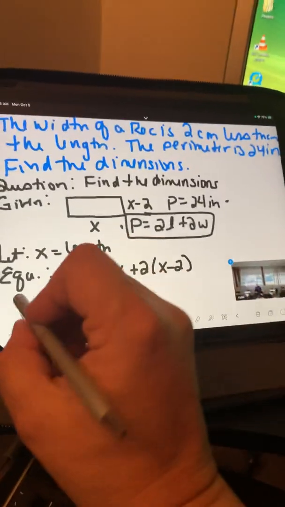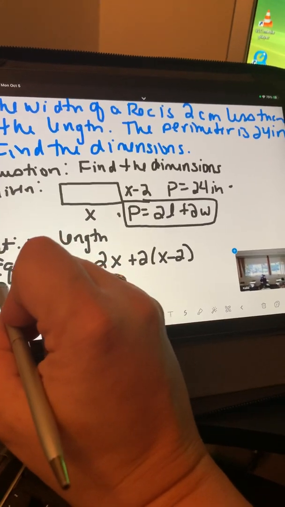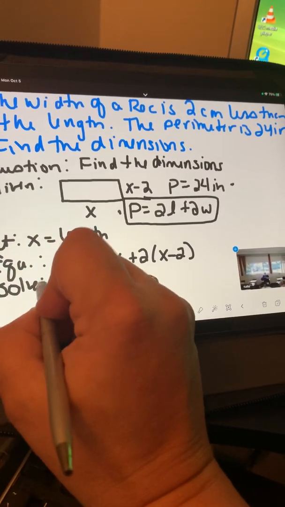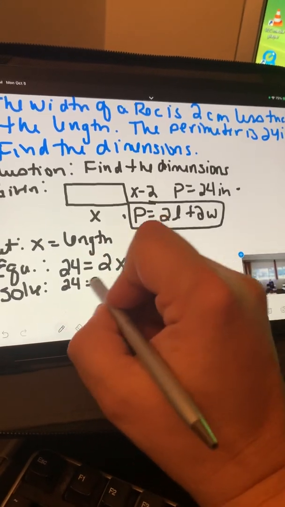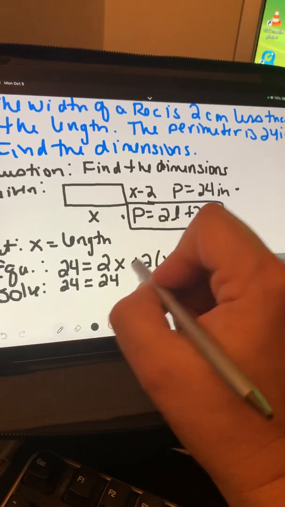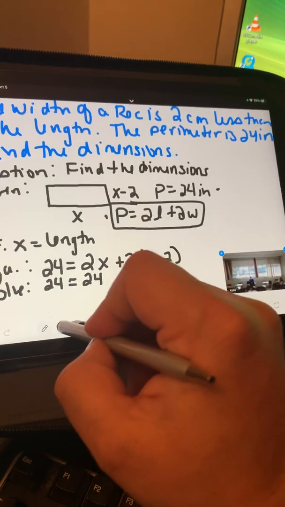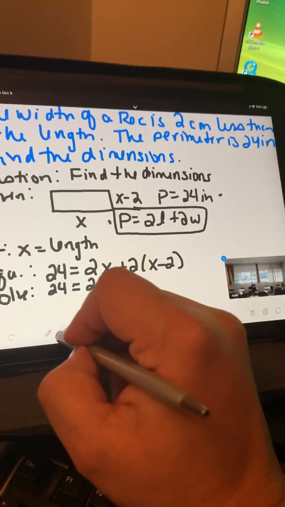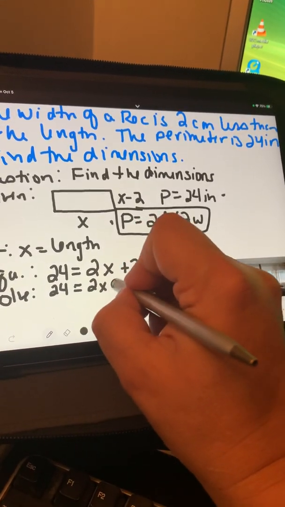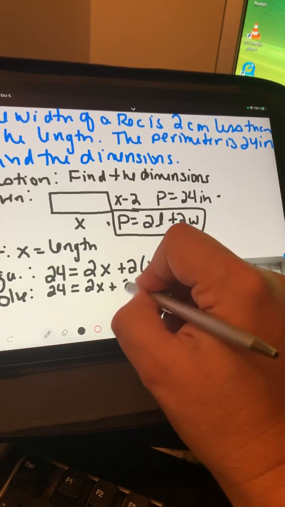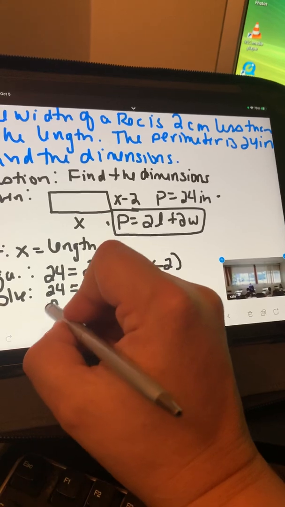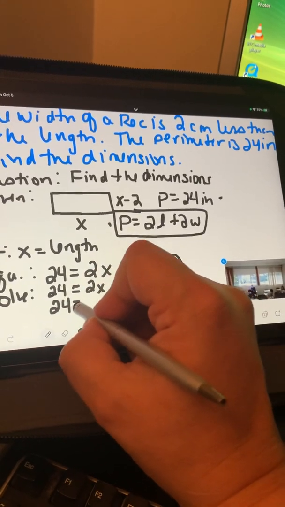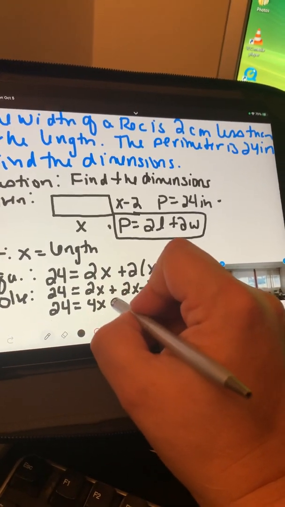And then from here you solve. So I'm going to distribute through. So I got 24 equals 2x plus, take your 2 all the way through, 2x minus 4. So I have 24, combine like terms, 4x minus 4.